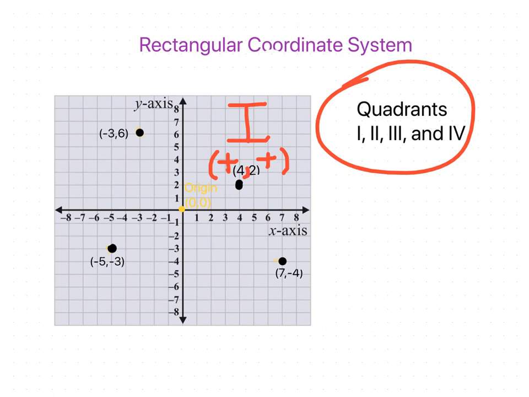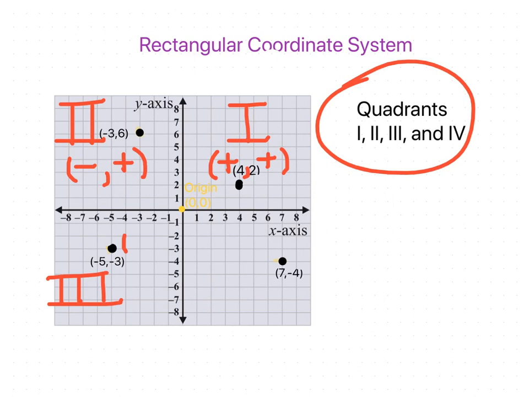In our second quadrant, you'll notice that our coordinates in the ordered pairs contained in this quadrant will have a negative x value and a positive y value. In the third quadrant, you'll notice the signs on our ordered pairs will all be negative, negative, right?